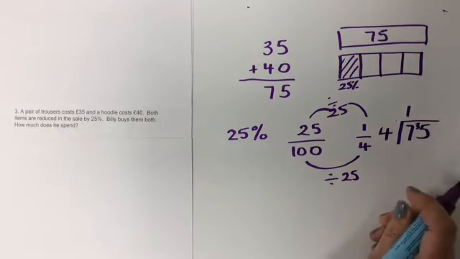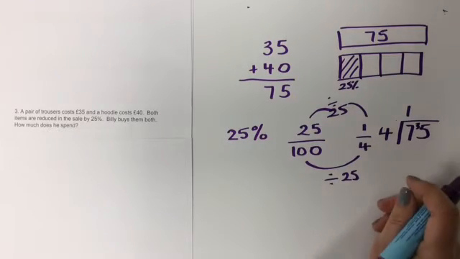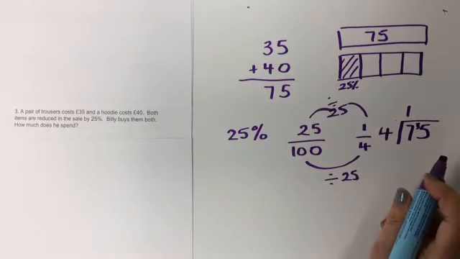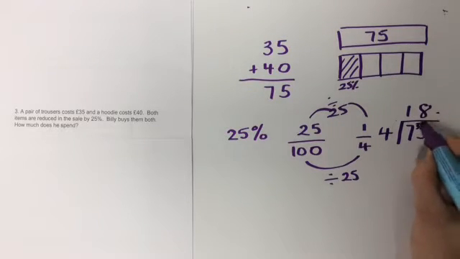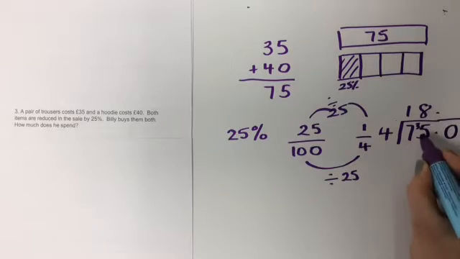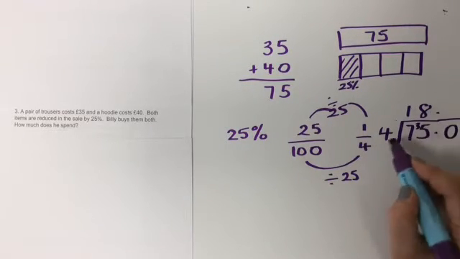4s into 35. What's the closest I can get in the 4 times table? 4 times 8 is 32. But I've still got more. I haven't used all of this up, so I need to put some on a placeholder next to it. So 4s into 35 go 8. 8 4s are 32.